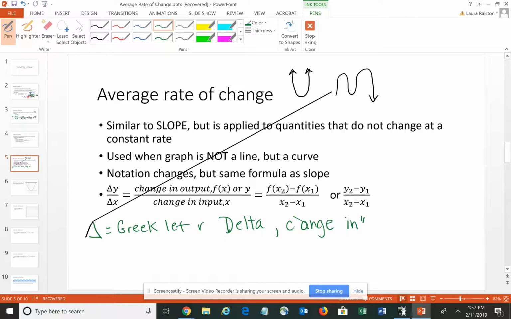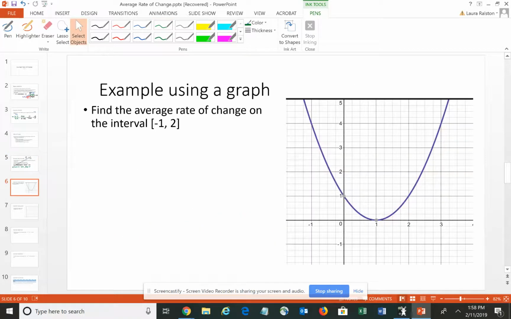So delta y means change in the y, and then delta x would be the change in x. And if you'll notice, the formula itself pretty much looks like the slope formula. So average rate of change is a similar concept to slope, but it's applied to curves or non-linear functions.